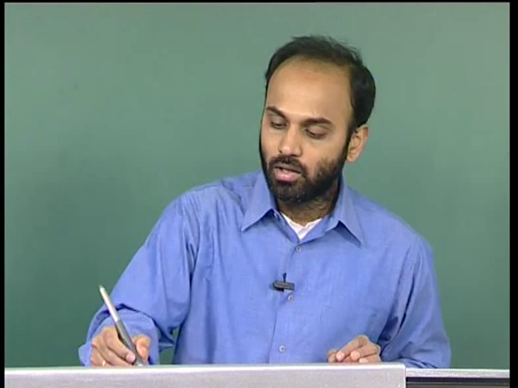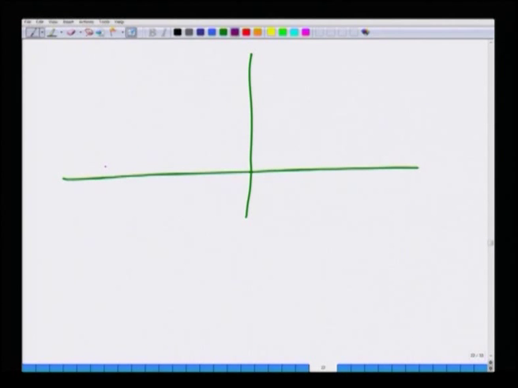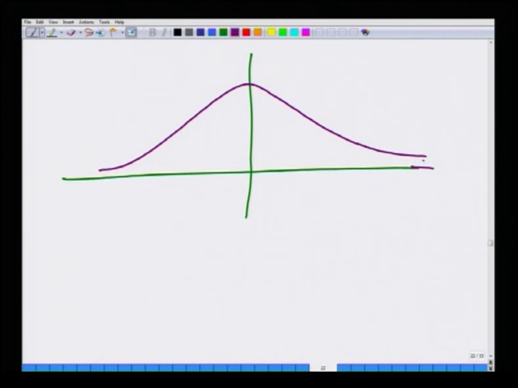And now, let us go back again to look at this distribution we had of the path loss. This is the 50th percentile path loss. Now, we can talk about the path loss being greater than a certain threshold gamma.